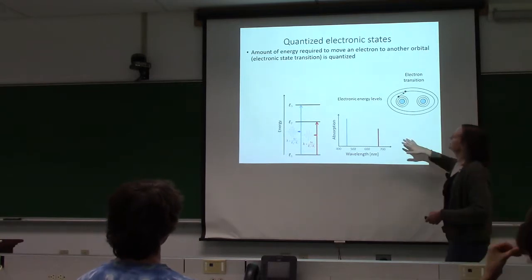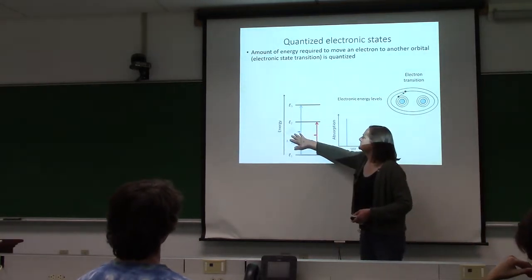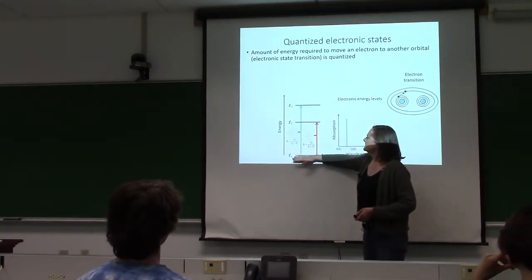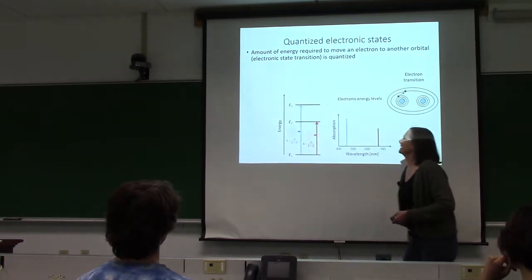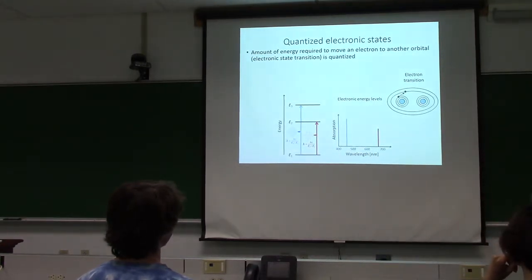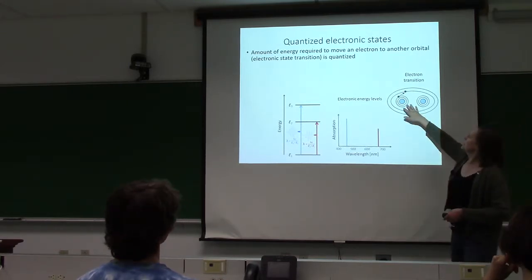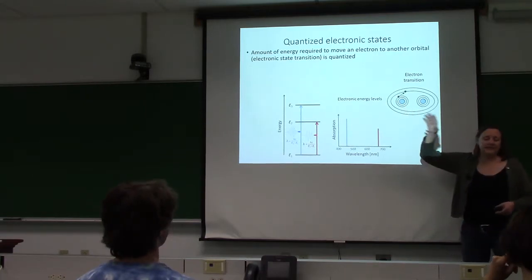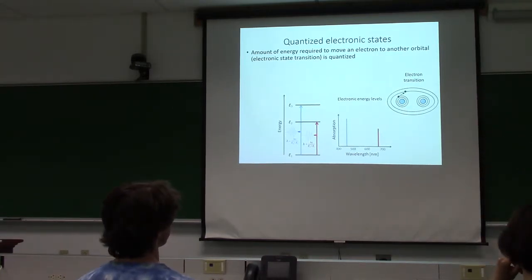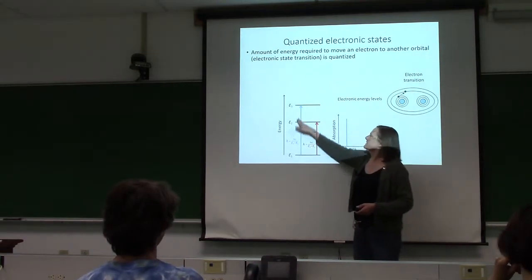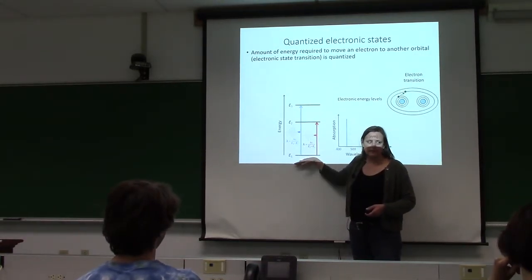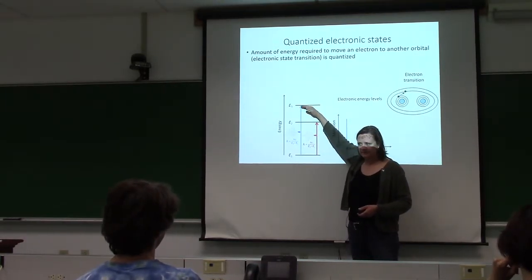And so let's think about looking at this energy diagram. This represents the ground state, and these represent the higher electronic states. And so we're going to build a chlorophyll absorption spectrum. Okay? So if we have this molecule and it's absorbing an amount of energy to move the electron to the higher orbital, we could see this as this arrow here, from one electronic state to the next electronic state.